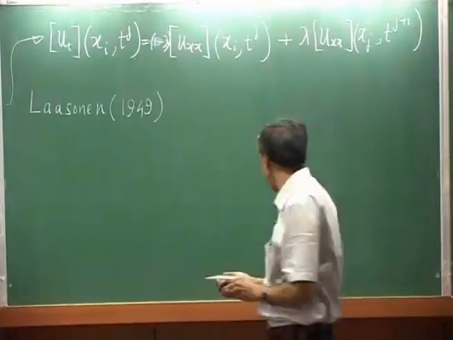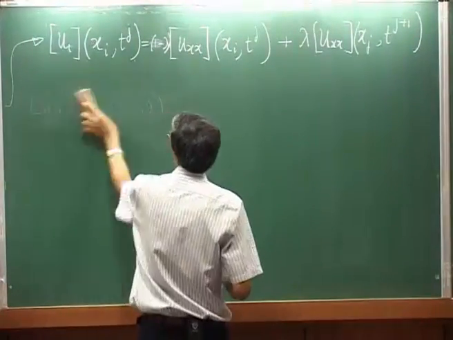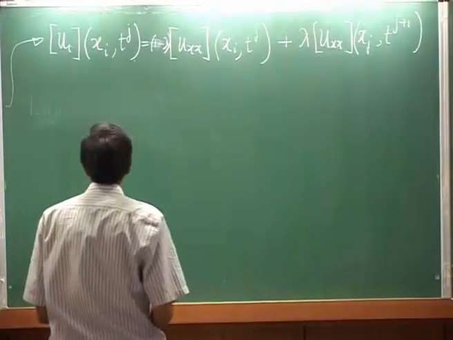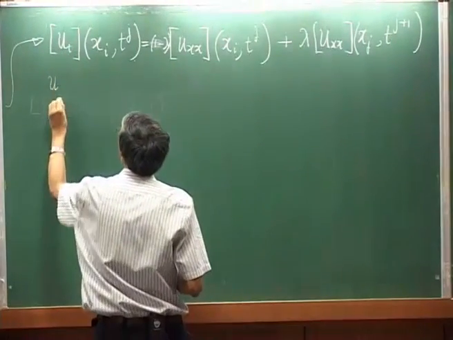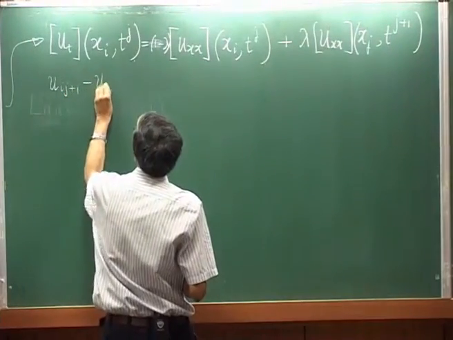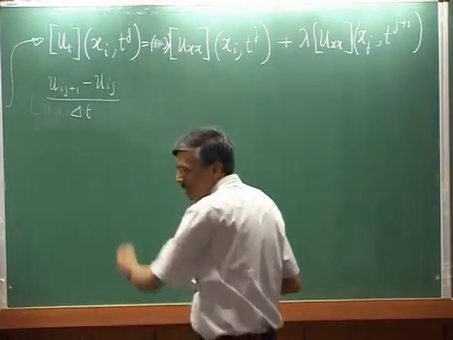So this is what we are writing. If we are writing that, then of course we can expand it, and what I am going to get here is u i j plus 1 minus u i j by delta t. So this is again Euler time integration, right.